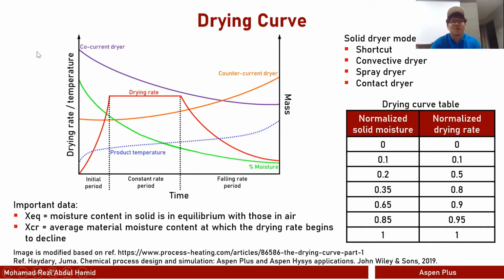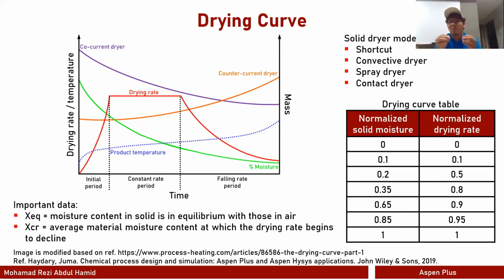The reason why this drying rate is constant is because the rate of migration of liquid from the interior of your solid to the surface is equal to the rate of evaporation of the liquid from the surface to the gas phase.